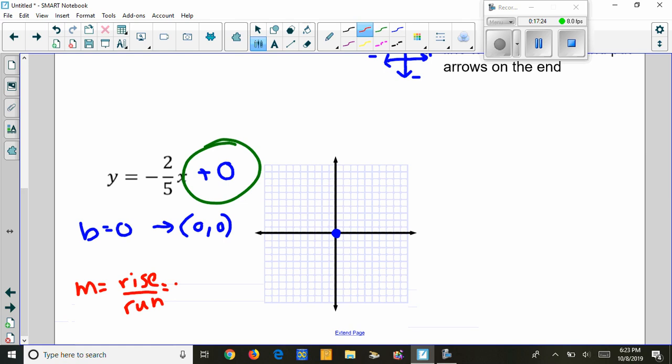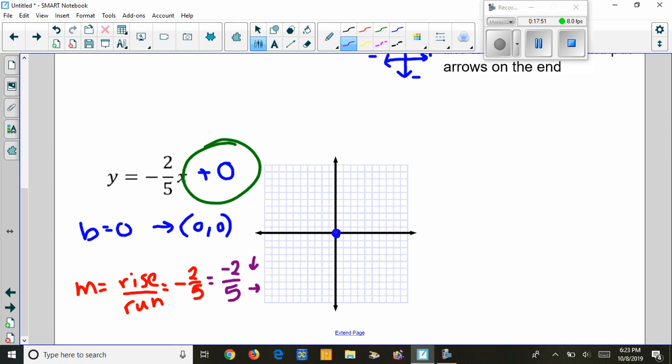So even though it says negative 2/5, we're going to say that the negative is on the 2. For my rise, if I'm going to count negative, I'm going to count down. And for my run, it's positive 5. I will count to the right.